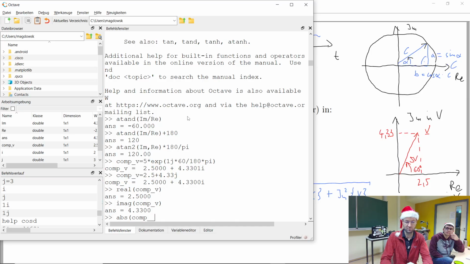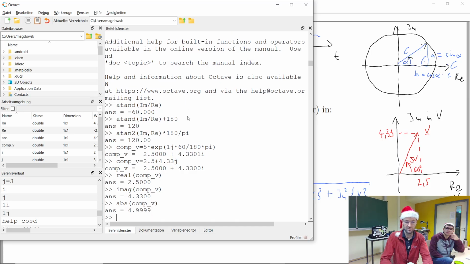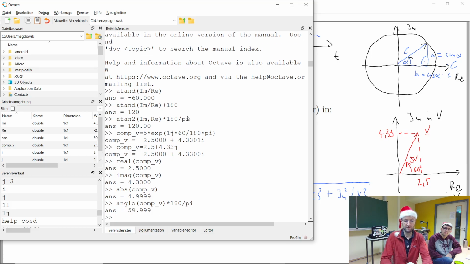You get with absolute value, and the phase you get with the angle. And the angle will be given in radians, so you might want to convert to pi. And because now I've not given this super exact, the angle is not 60, but just 59.999 anymore. Okay. Question still there?